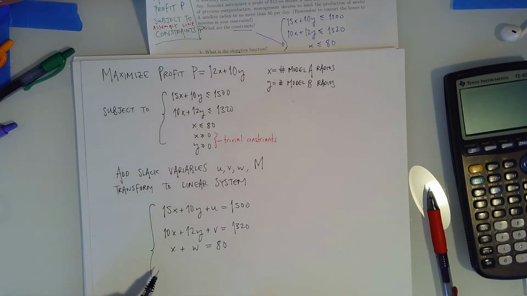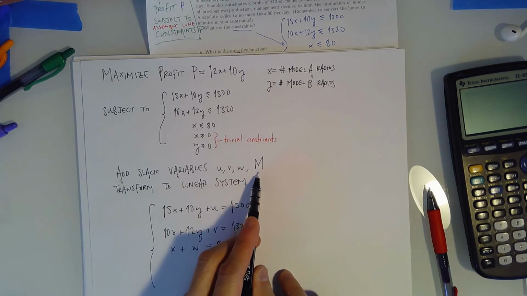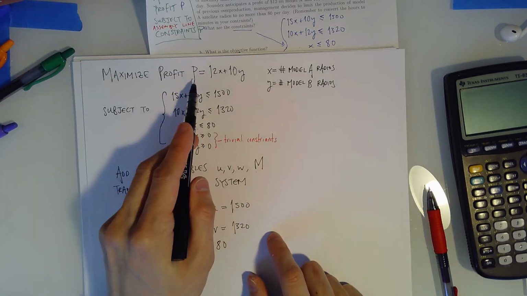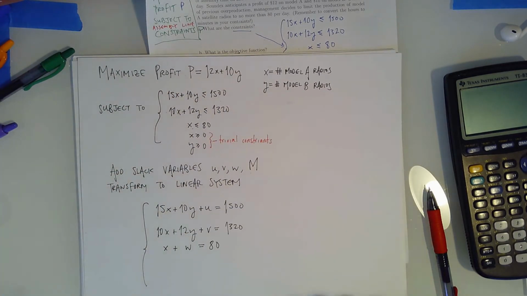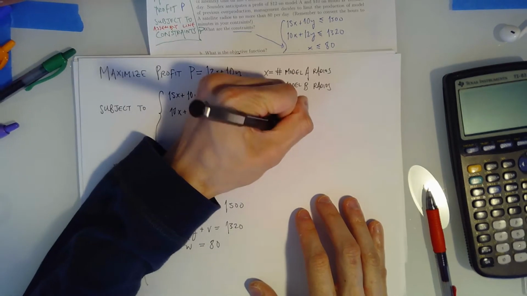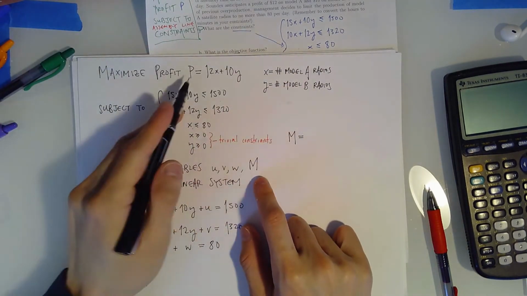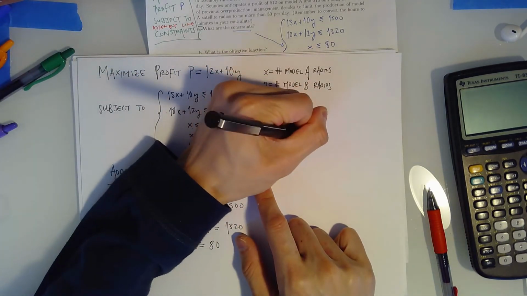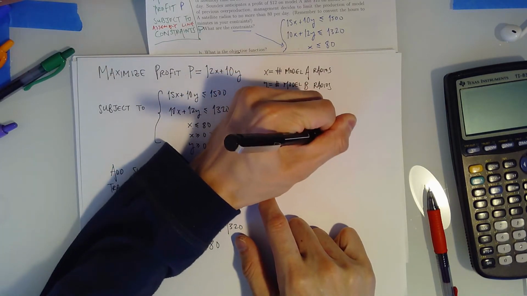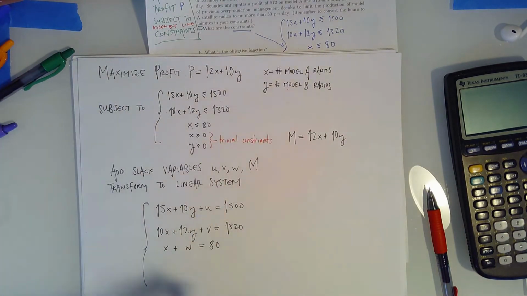Now, to finish off the problem, what we actually have to do is incorporate the objective function with this m. It's a little bit funny, but what's really happening here is m is really p. It's just the biggest p possible. So m is really 12x plus 10y, but it's the biggest p possible. So let me write that down.